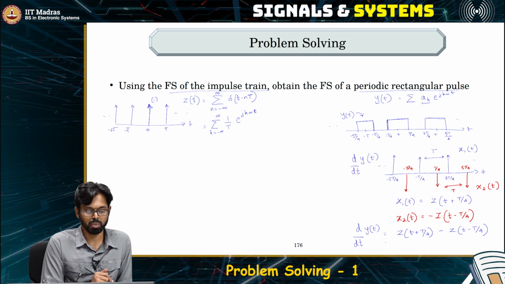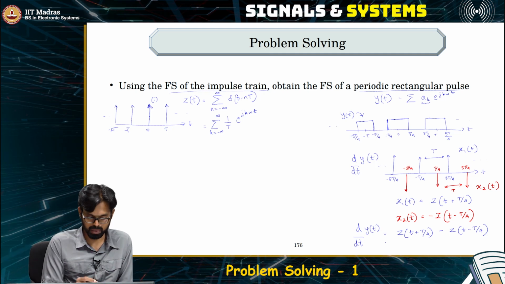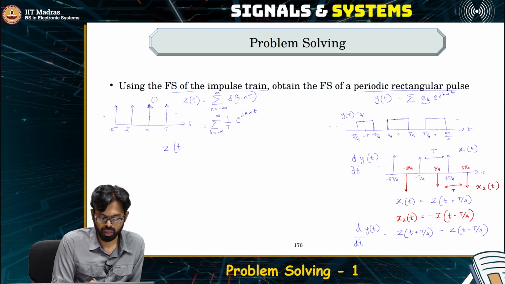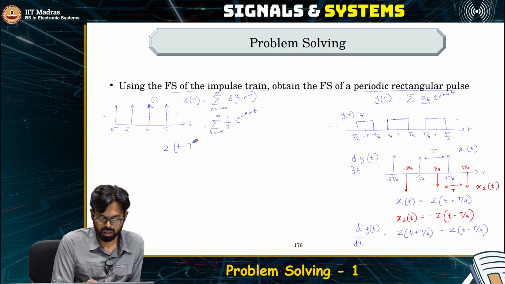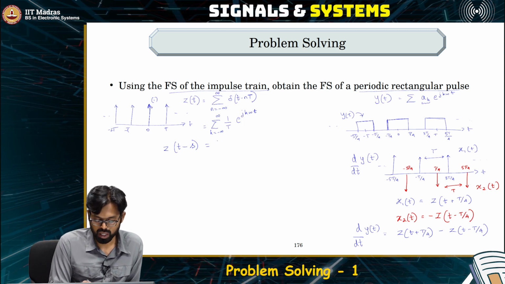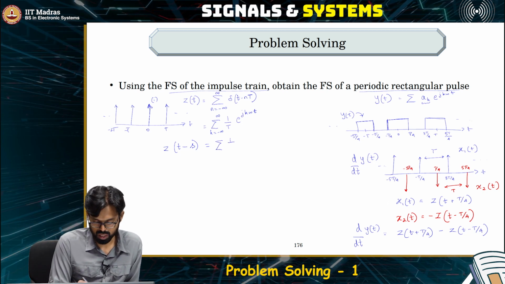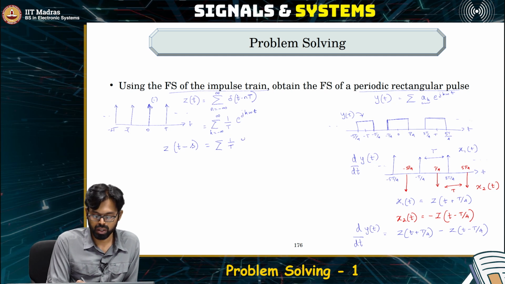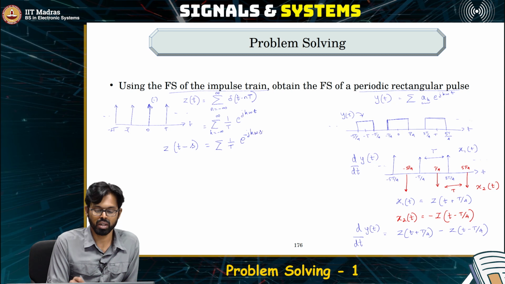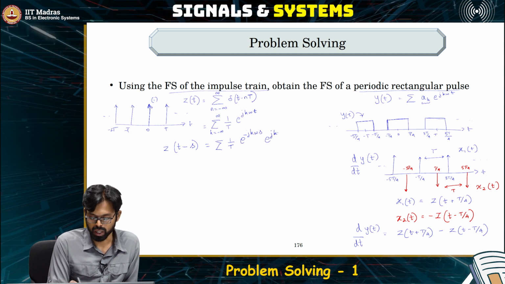This is where we use the property that we studied before. Whenever there is a time shift, what happens? For z of t minus s, the Fourier series coefficients are the same thing, but multiplied with e^(-jkωs), into e^(jkωt).